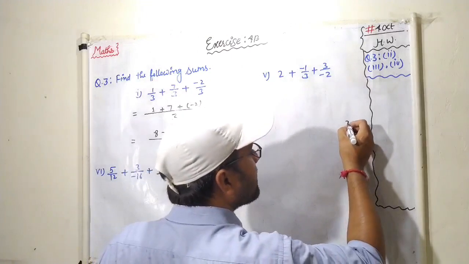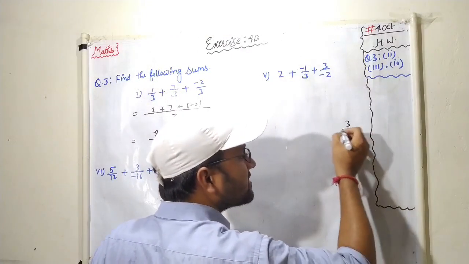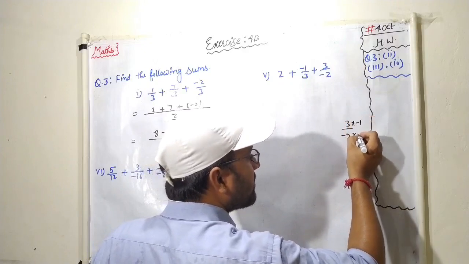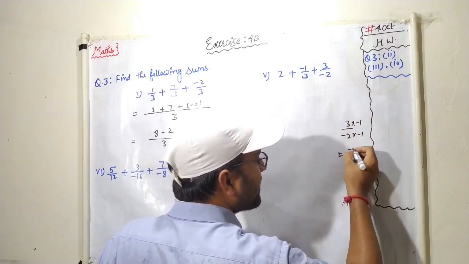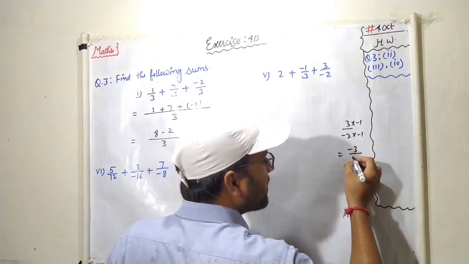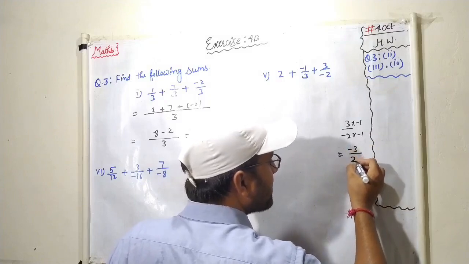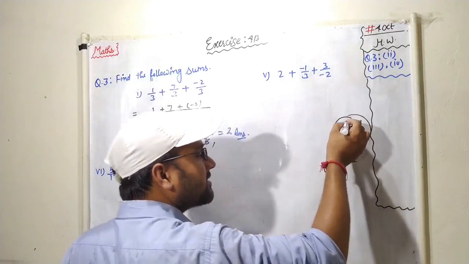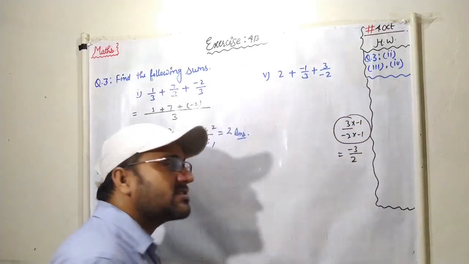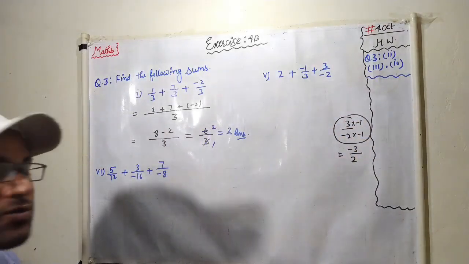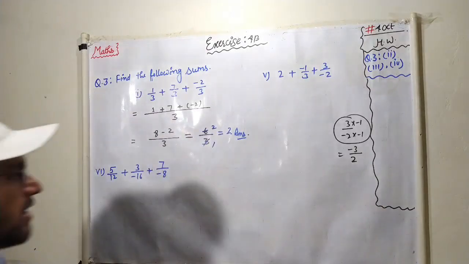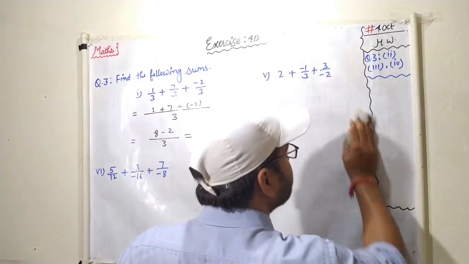So 3 upon minus 2, how will you change this minus 2 to a positive? Multiply with minus 1 upside and downside. You will get minus 3, and minus 1 multiplied by minus 2 gives plus 2. So this fraction 3 upon minus 2 changes to minus 3 upon 2. First you change the denominator to positive, then you do your calculation.